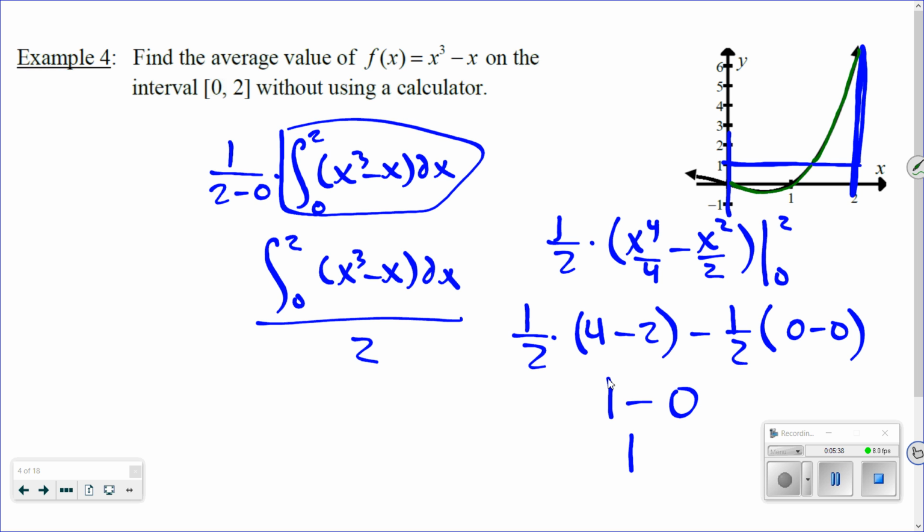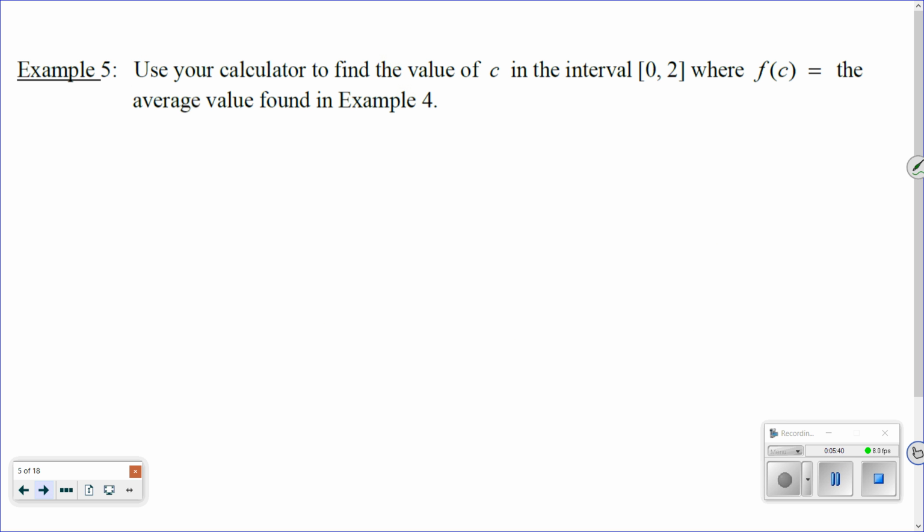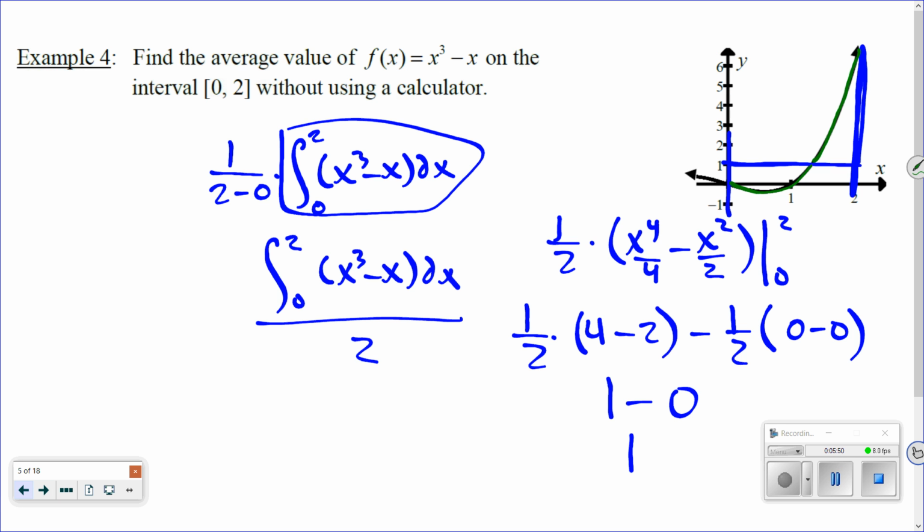Hey, example 5 wants us to go back to that same problem, but it says use your calculator to find the value of c in the interval from 0 to 2, where f of c equals the average value. So if I go back to here, what it wants us to find is the x value right here where the actual value of the function, the value on the green graph, is equal to the average value, is equal to 1.